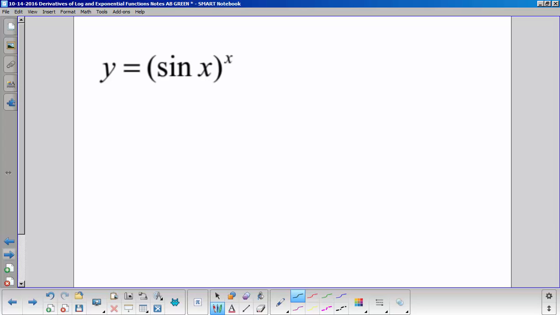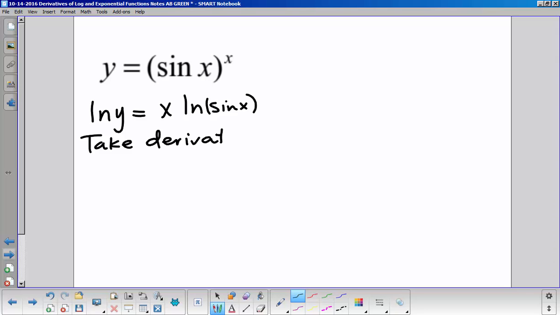What do we do? Take the natural log of both sides. Natural log of y equals x natural log of sine x, and then you take the derivative. So 1 over y dy/dx equals, do you have to do the product?